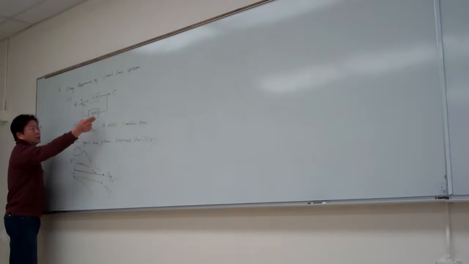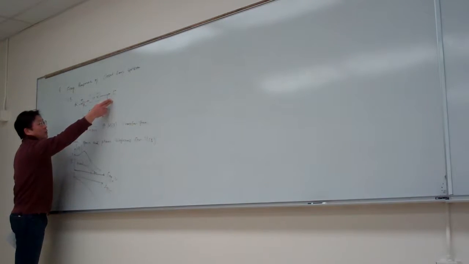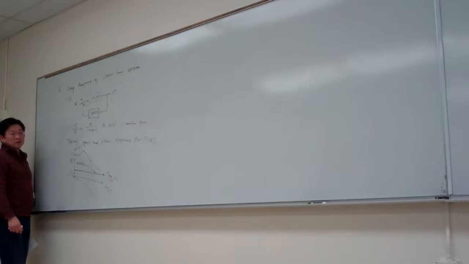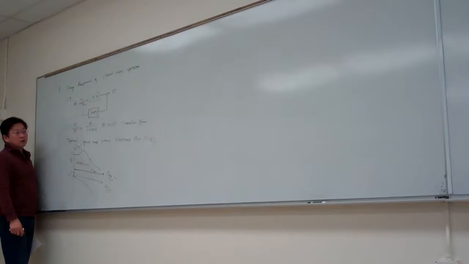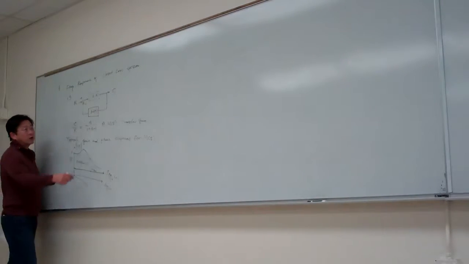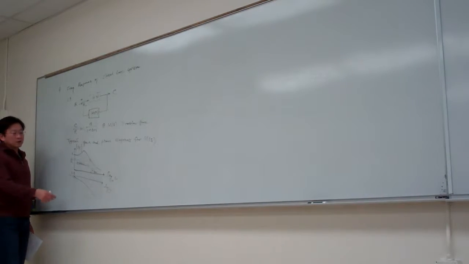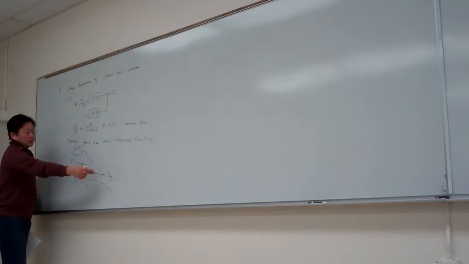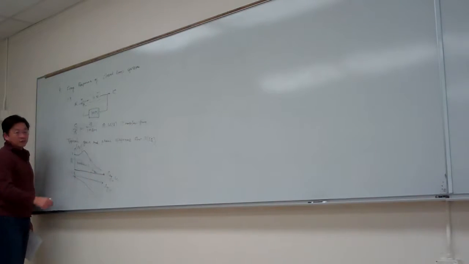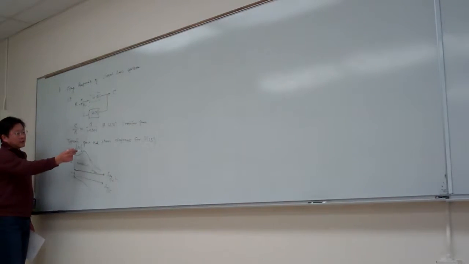That means the magnitude of the output will be small and insignificant, and that is the range of operation we want to avoid. Sometimes we want to control the output to a certain magnitude. Then hopefully we can select the operating frequency within the bandwidth. That's the first one.